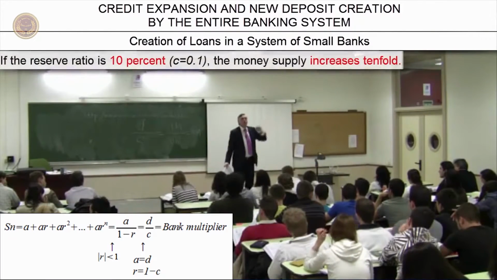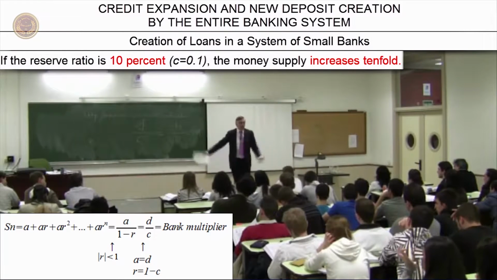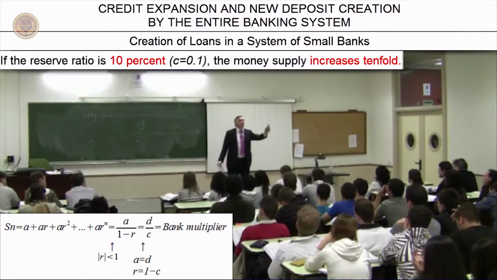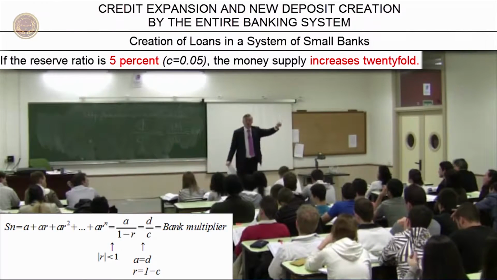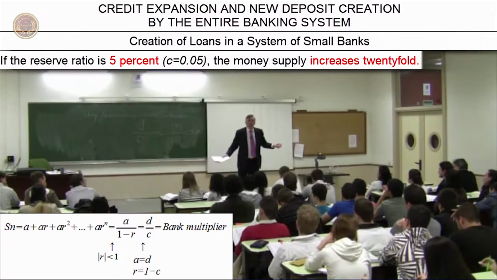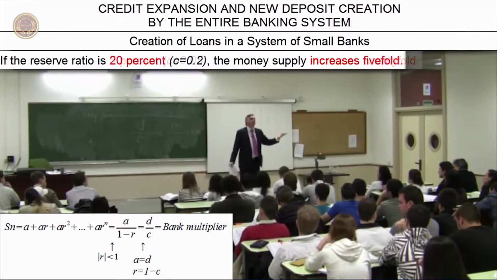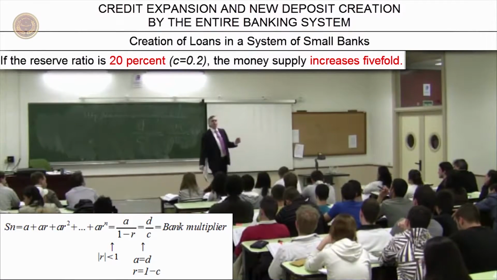If the reserve ratio is 10%, 0.1, by how much are deposits multiplied from nothing? By 10, 1 divided by 0.1. If a reserve ratio of only 5%, 0.05, is maintained, by how much are deposits multiplied? By 20. And if the reserve ratio is 20%, which gives us 1 divided by 0.2, they are multiplied by 5.